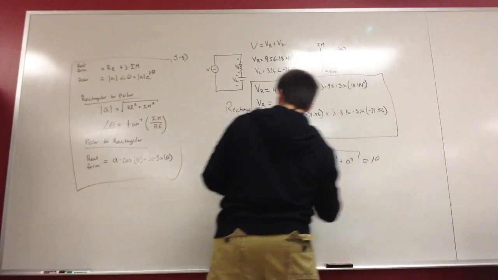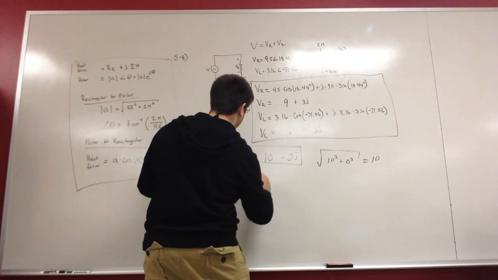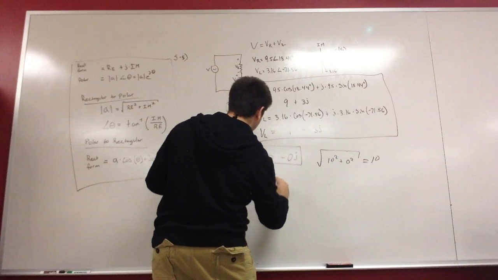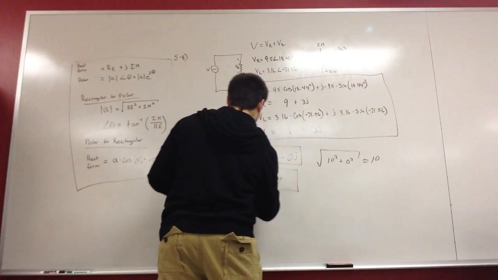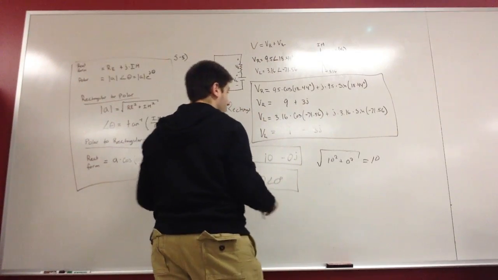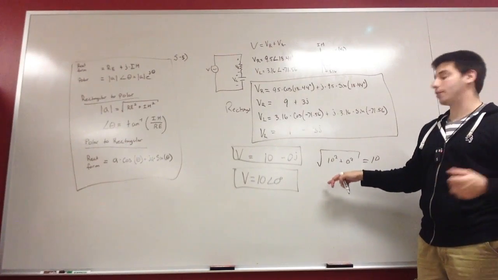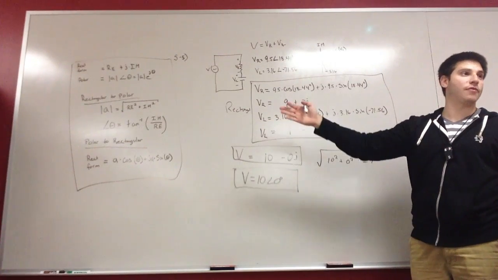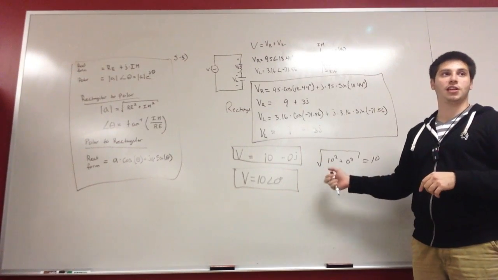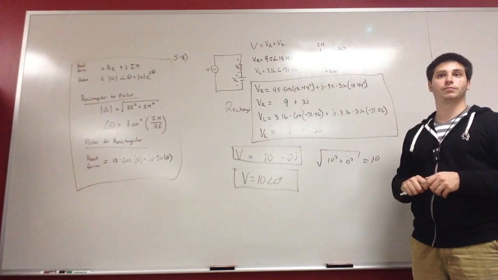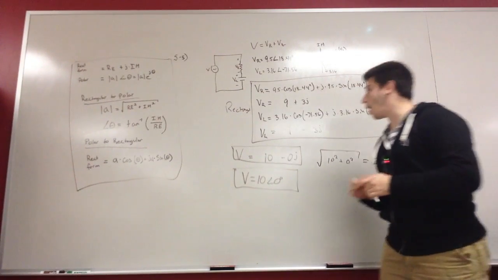We get 10. So our polar form will look like 10 at an angle of 0 degrees. Do you guys see how I got it from this without using that formula, knowing that there's no imaginary component? Are there any questions on this? No? All right.